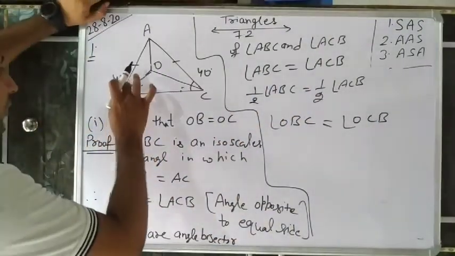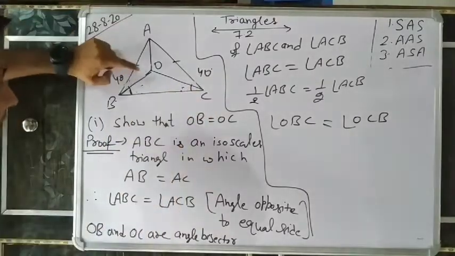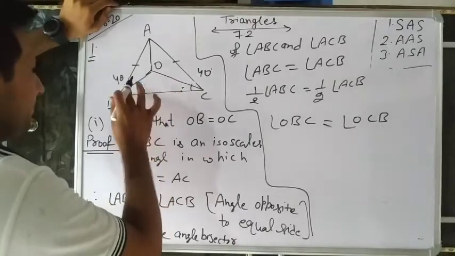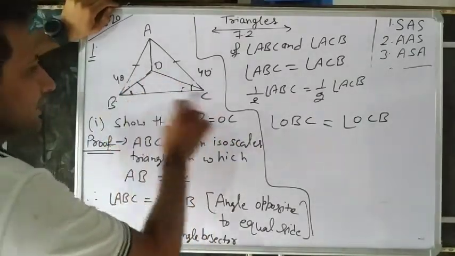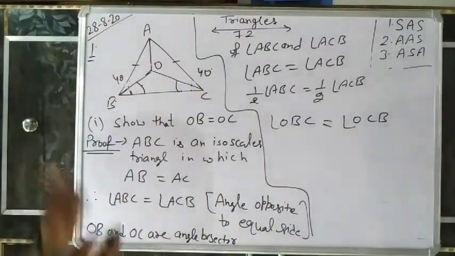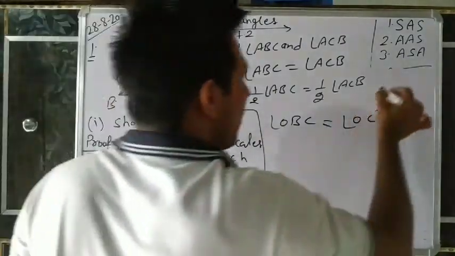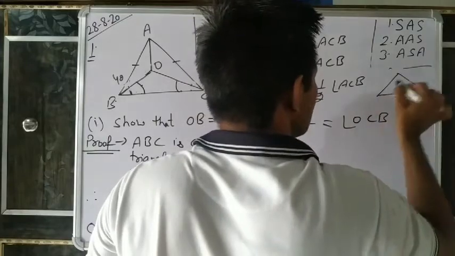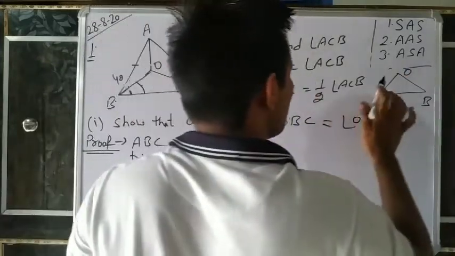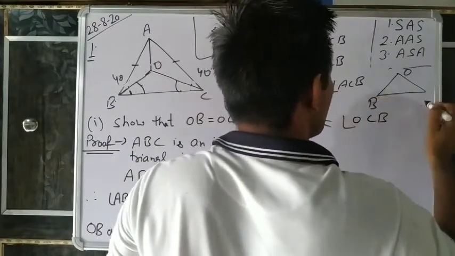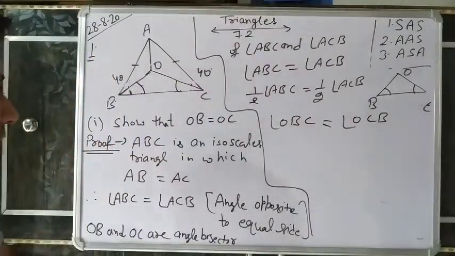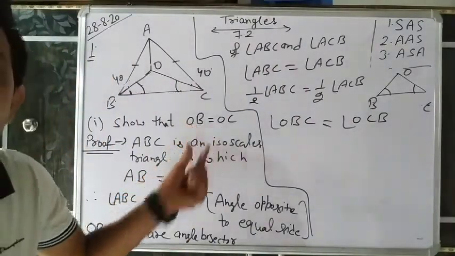We've already proved that now in triangle OBC, angle OBC equal to angle OCB. And we already proved that this angle equal to this one. But we want to prove that OB equal to OC.